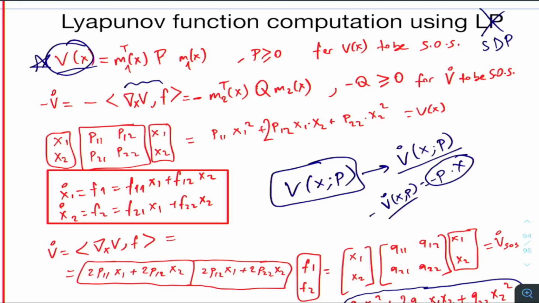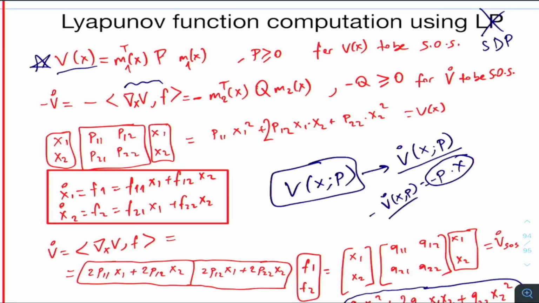And we are going to do the same thing, right? We have v dot, and now the interesting case here is this. In the first place, v of x was only a function of x, right? But now we have minus v dot, and minus v dot is parameterized by x and p, okay?